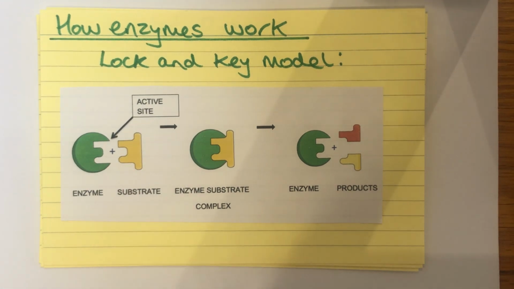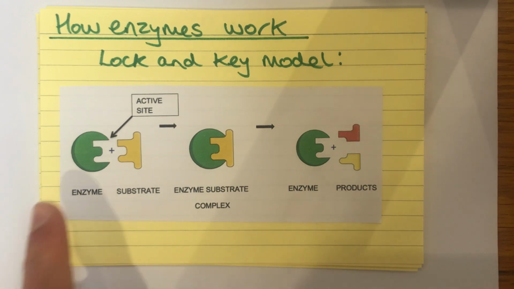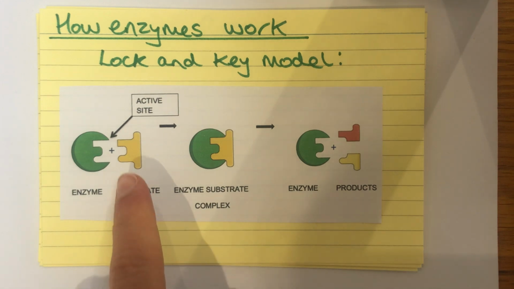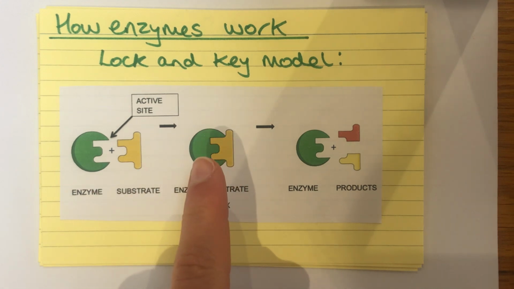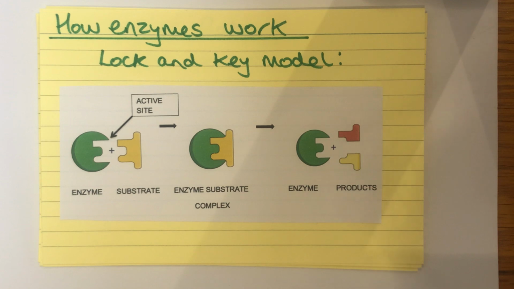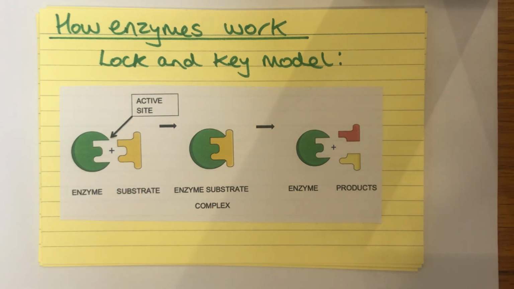This active site is complementary in shape to the substrate. This model is often referred to as a lock and key model because the enzyme could be referred to as the lock, and the substrate can be compared to the key, and the key fitting in the lock is called the enzyme substrate complex. Only that key will fit in the lock.